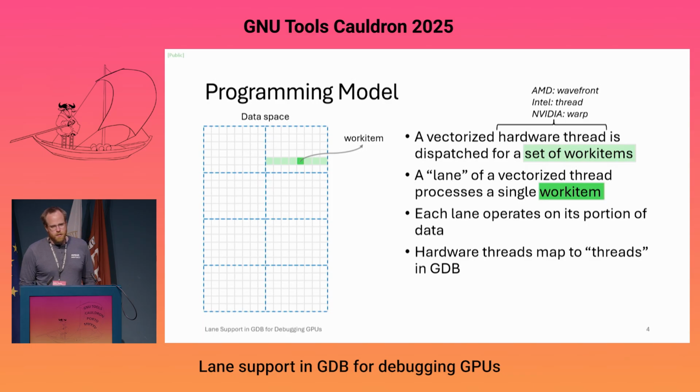To understand what we mean by lane debugging, we need to take a small detour through the GPU programming model: how you program a GPU, how that is slightly different from a CPU or not, and what we need to show in GDB for that to make sense.